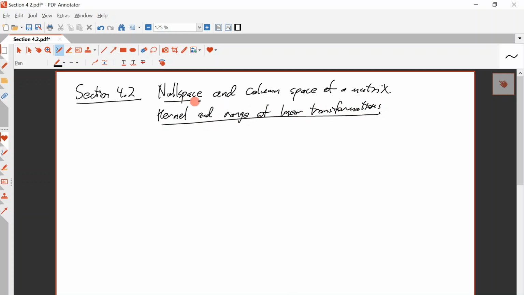Okay, let A be an R by C matrix. R rows, C columns.